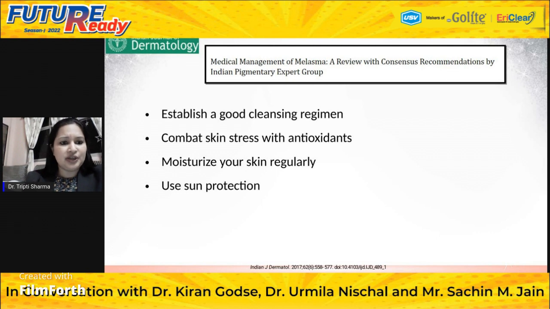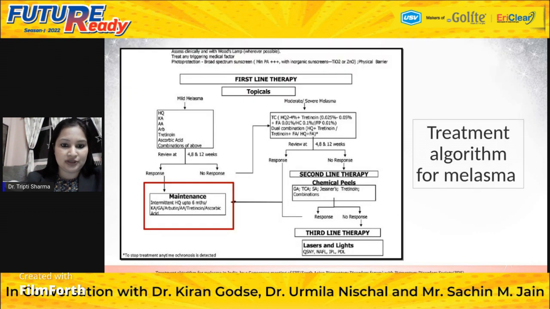Sharing one review on the medical management of melasma, a review with consensus recommendations by the Indian Pigmentary Expert Group. It conveyed: establish a good cleansing regime, combat skin stress with antioxidants, moisturize your skin regularly, and use sun protection.